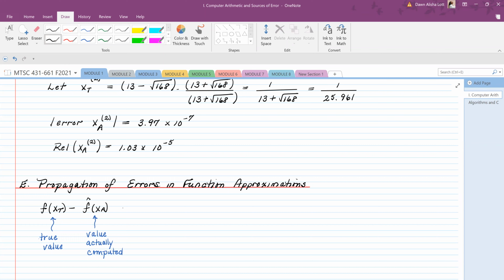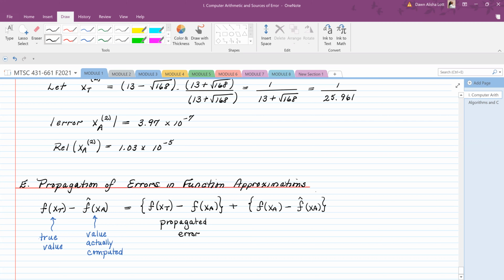Okay, so we're going to do the same thing we did before. So now this is f of x true minus f of x approximate. So this is the propagated error. And then we're going to have our computer error in evaluating the function. So we have f of the approximate value minus f hat of the approximate value.